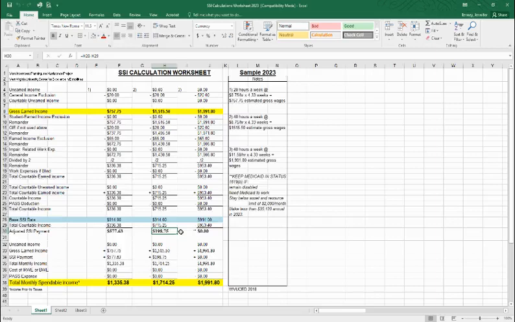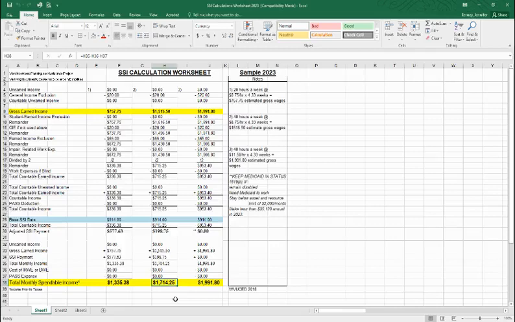So even working 40 hours a week, you will still earn a small SSI check, which gives us at the bottom $1,714.25 of spendable income before taxes.